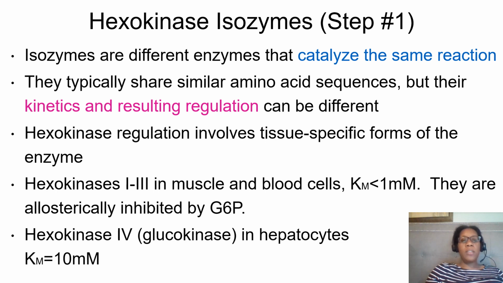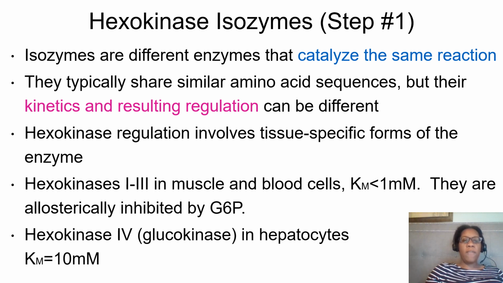But it is allosterically inhibited by G6P, its product. So once G6P starts to rise up too much, it reversibly inhibits hexokinase 1 through 3.